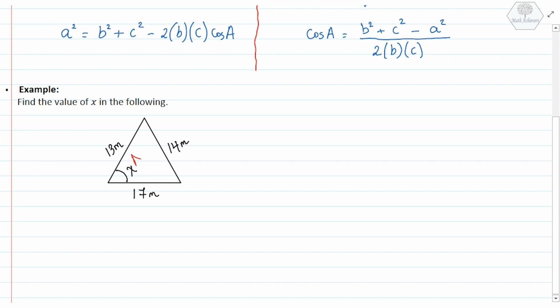I can label this angle as capital A, the opposite side as small a, and the other sides as b and c. In order to find the value of the unknown angle, I need to use the cosine rule.